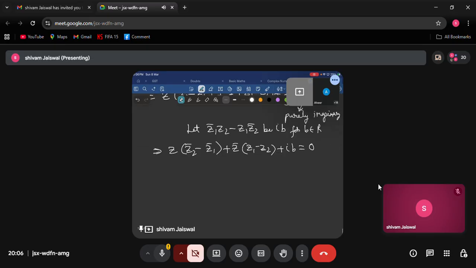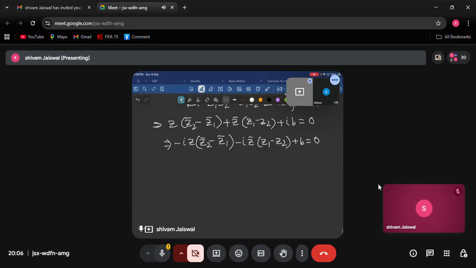Okay, next, this implies over here I am going to multiply by minus iota on both sides. Let's see what we are getting. Minus iota z into (z2 bar - z1 bar) minus iota z bar into (z1 - z2) plus b is equal to 0.